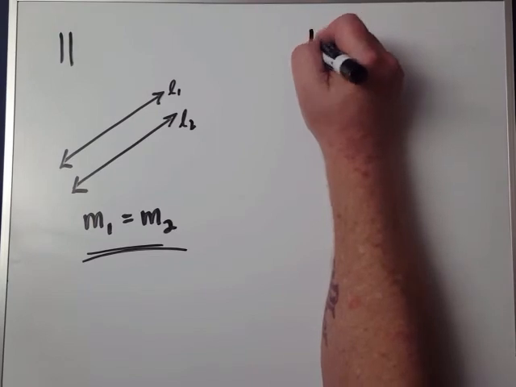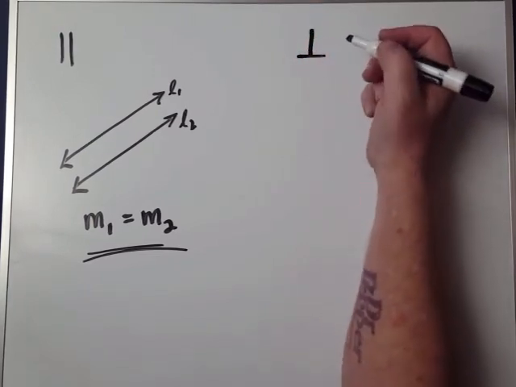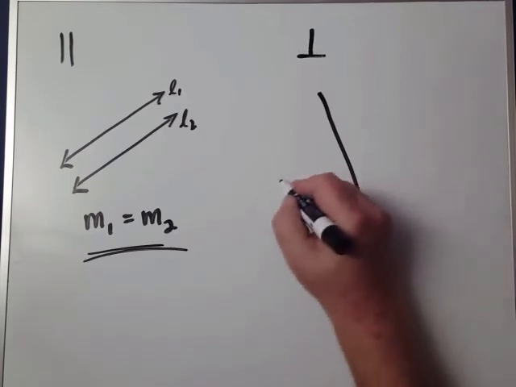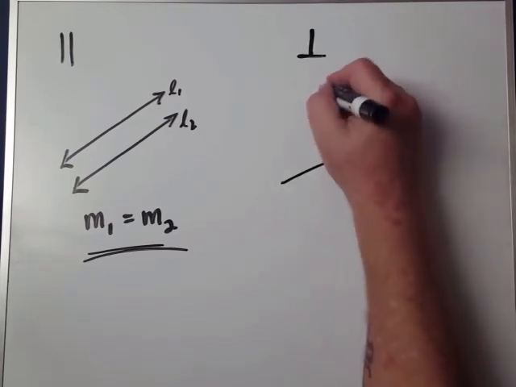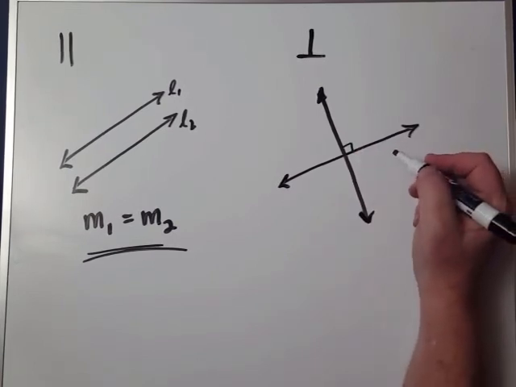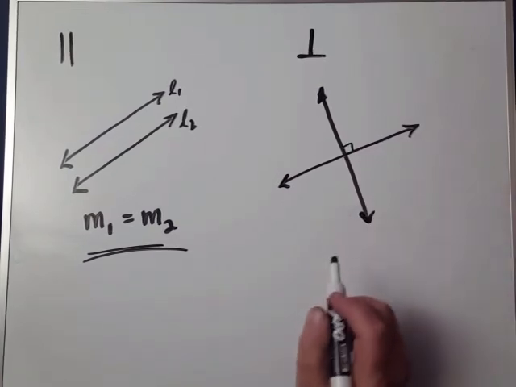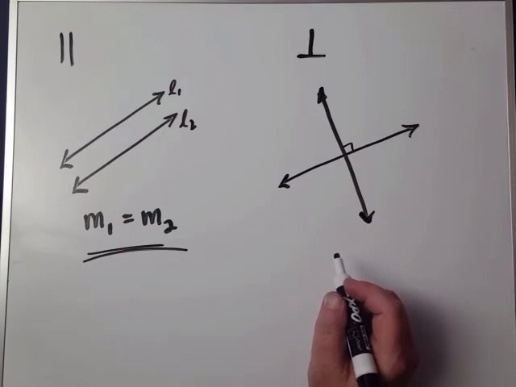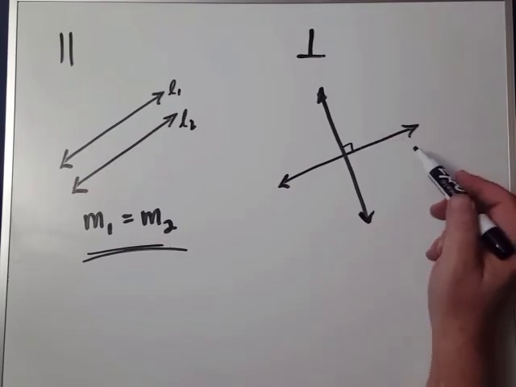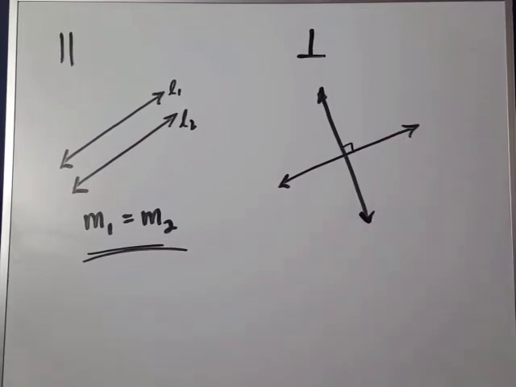Do you remember perpendicular lines? There's my symbol for perpendicular. And if I have perpendicular lines, what does that mean? I have lines that are meeting at a right angle, at a 90-degree angle. As we consider the slopes of perpendicular lines, I want you to consider this.